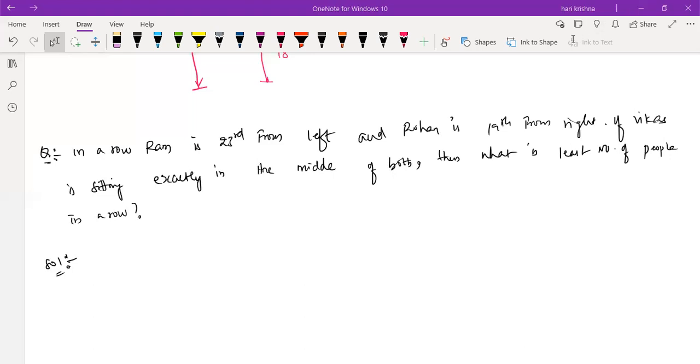From top to bottom, but it is given left to right. That's all the difference. Sir, 42. Is it 42?